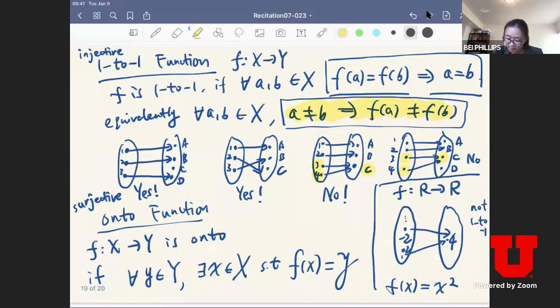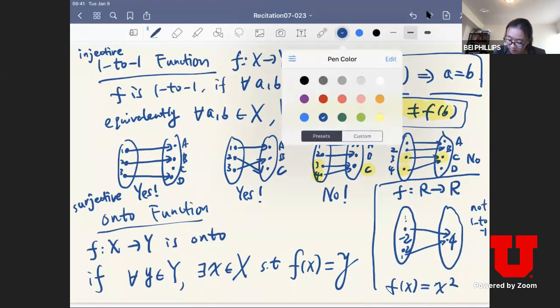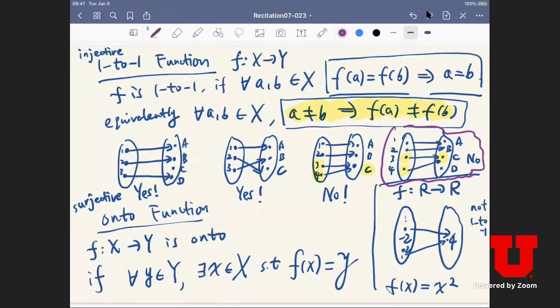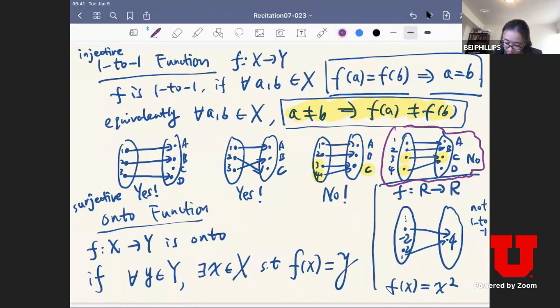However, the one that I have enclosed by the purple line, is this an onto function? No, because the element highlighted in pink, the element D, has nothing in the domain that maps to it. Okay.